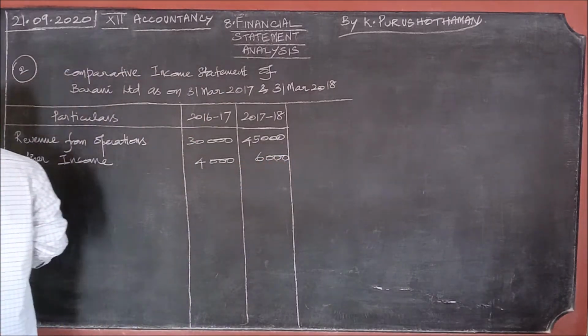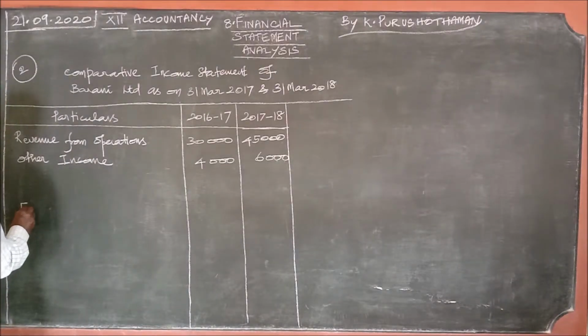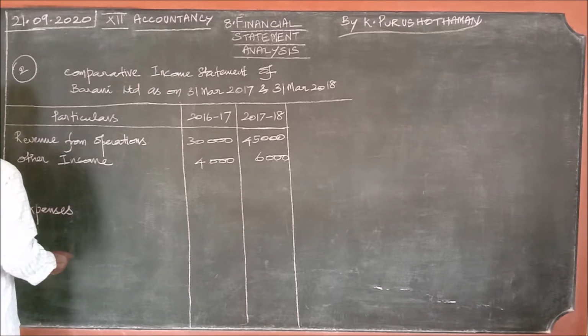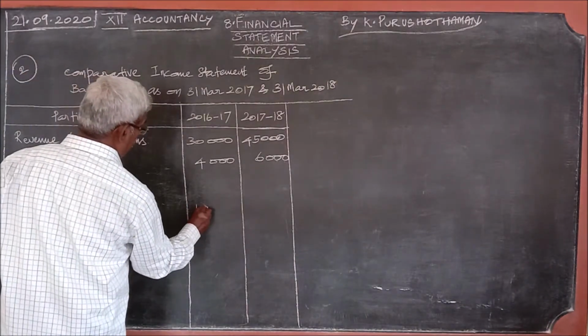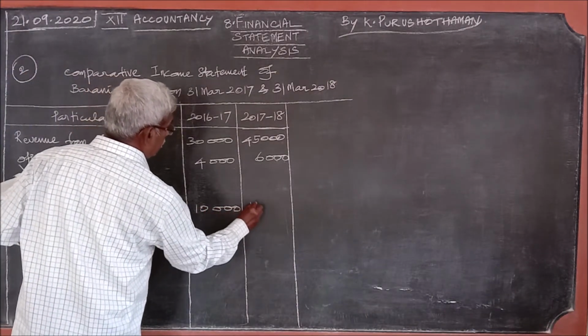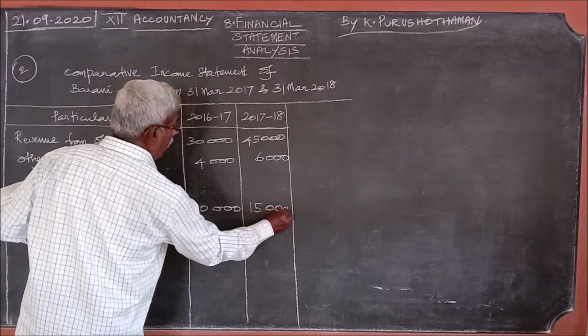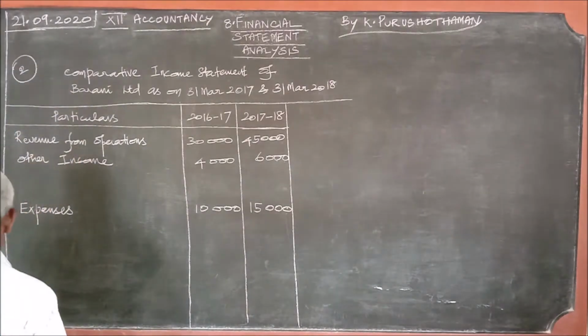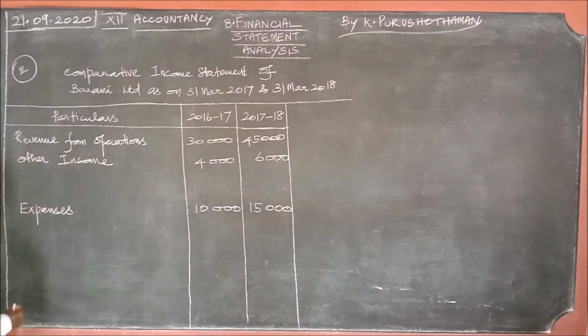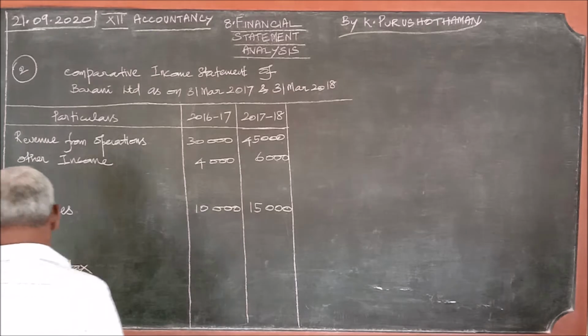Then the next item is expenses, 10,000, 15,000. Income tax, 30%, 20%.